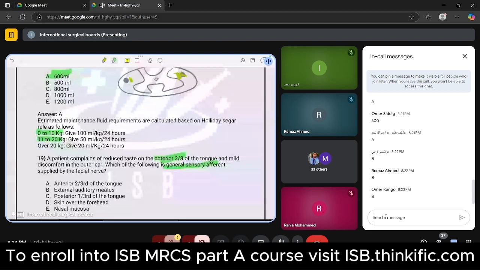B, right? That is the external auditory meatus, yes. So the taste sensation to the anterior two-thirds of the tongue is special afferent. Vision, smell, and taste are special senses, so they are abbreviated as SA, special afferent.